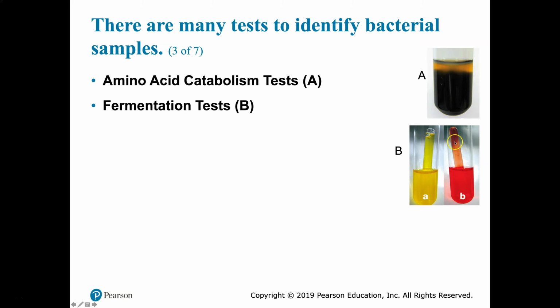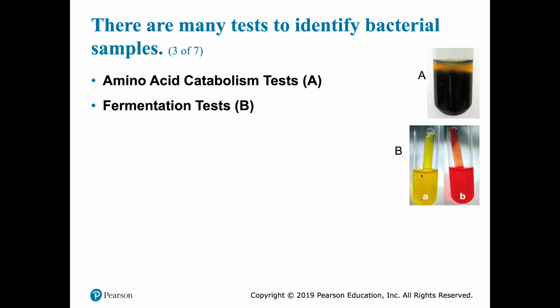Basically, if the bacteria that's put into this broth, let's say it's got a sugar in it, can ferment the sugar, there will be a pH change, which is why you will get a color change, because there's an indicator, a chemical in there that says, hey, pH has changed, so it changes color.